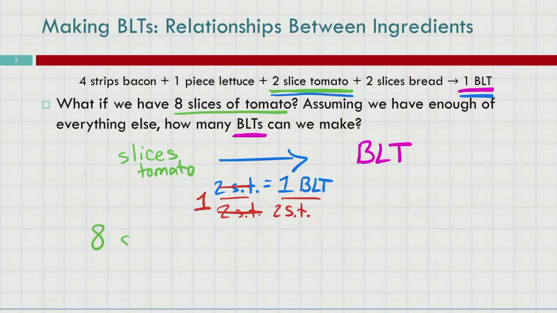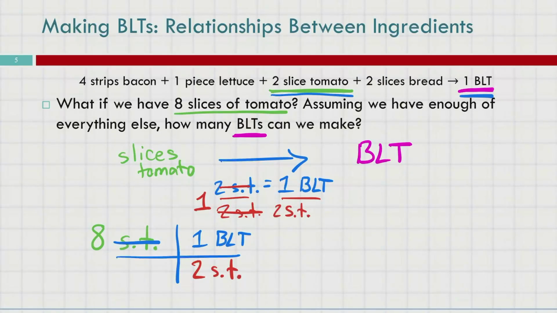So our 8 slices, use our conversion factor, slices of tomato cancel, we're left with units of BLTs. What a tasty unit that is. And so we get that we can make 4 bacon, lettuce, tomato sandwiches.